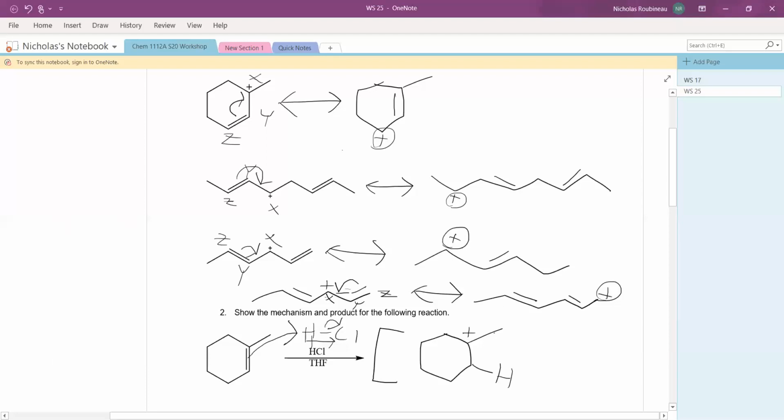So this is the cation and it's electron deficient. So what does that make it react as? A nucleophile or an electrophile? A nucleophile usually has electrons to donate, so this is electron deficient.